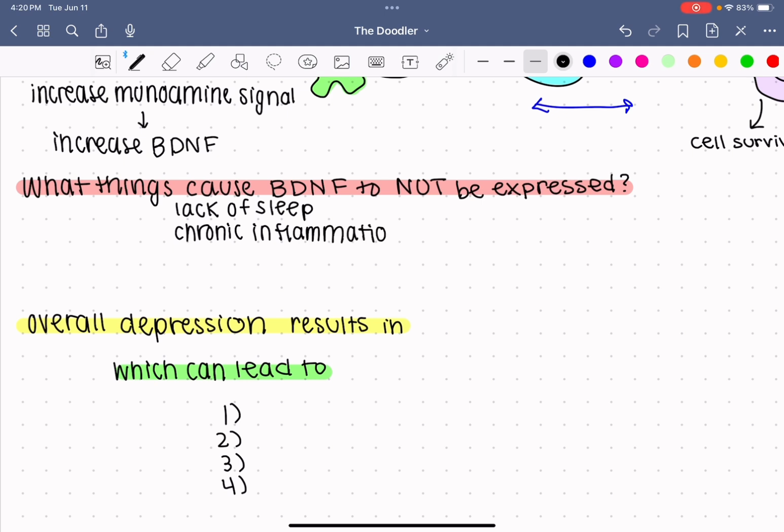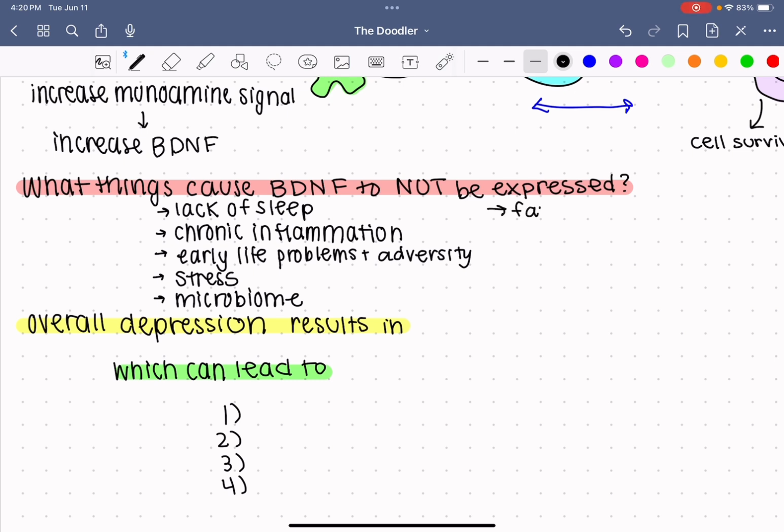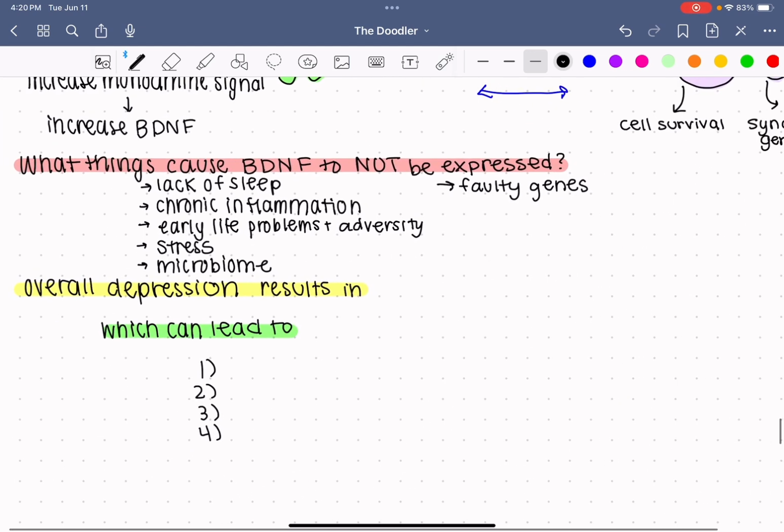And this is just important to know because this explains why people with early life problems, stress, your microbiome, faulty genes, so all these things together can cause BDNF not to be expressed.